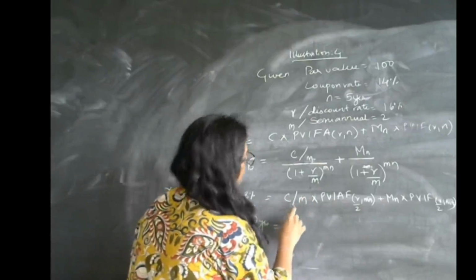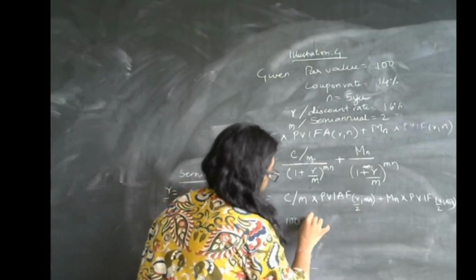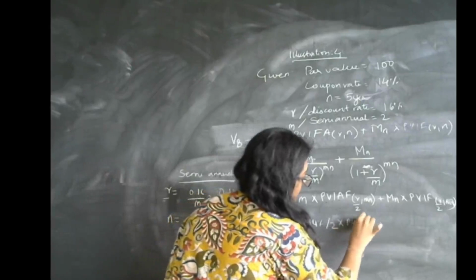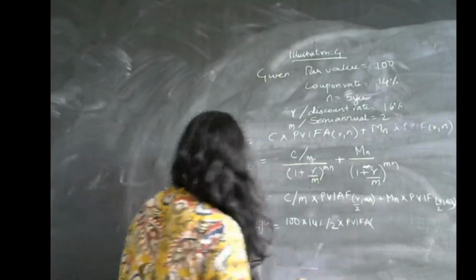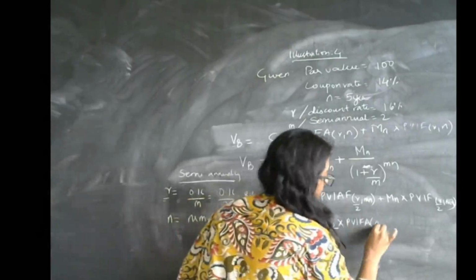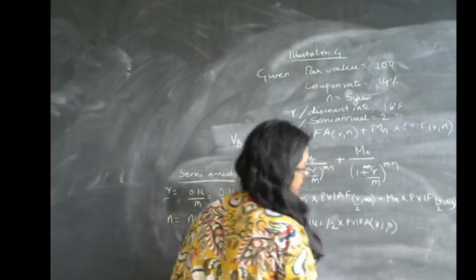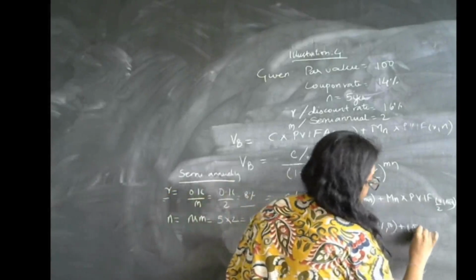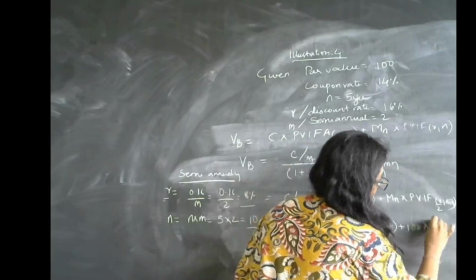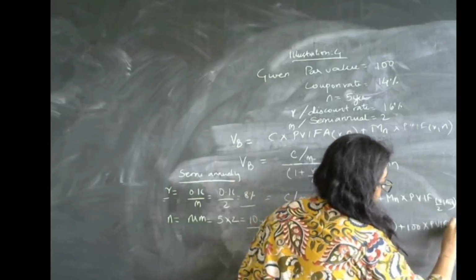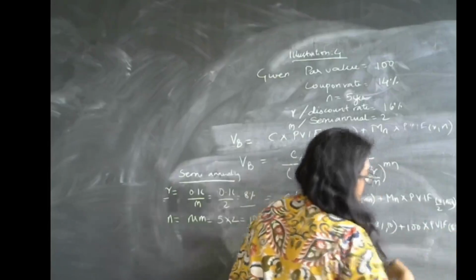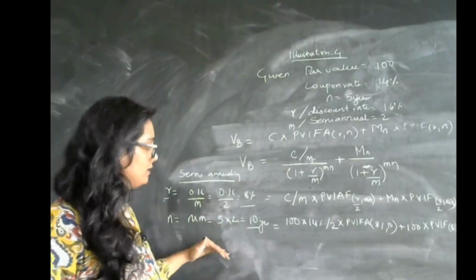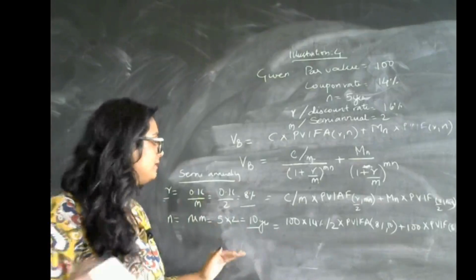The coupon interest is going to be 100 into 14% divided by 2 multiplied by present value interest factor annuity at the rate of 8% for 10 years, plus maturity amount, which is nothing but 100, since it is a par value bond, present value interest factor at the rate of 8% for 10 years. I hope this is clear to you all how we got this.